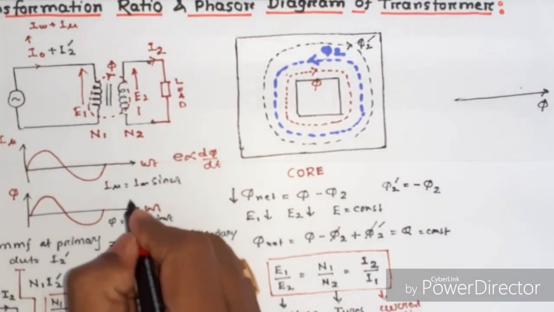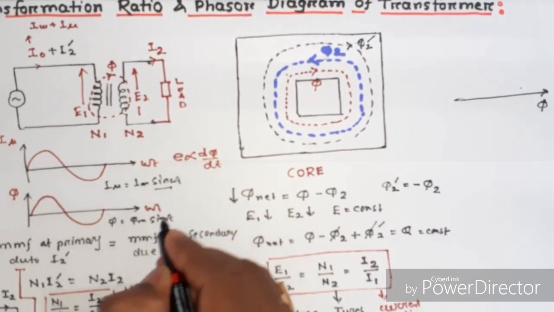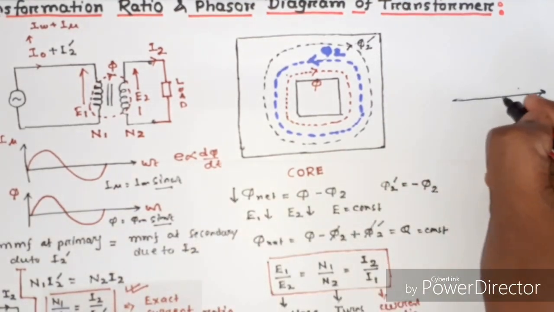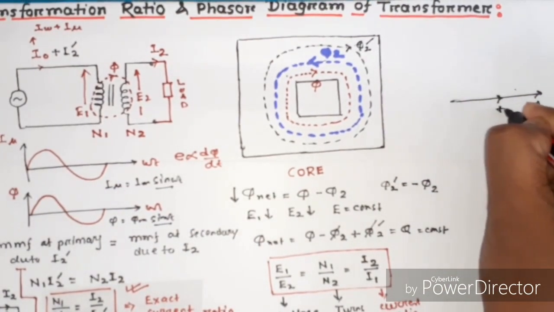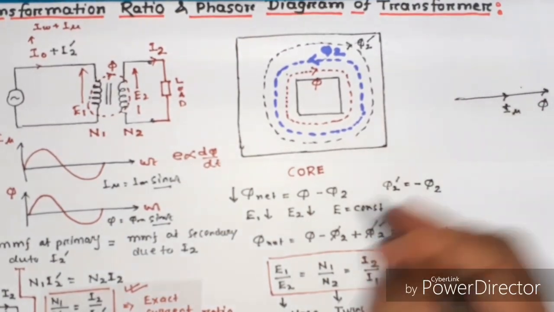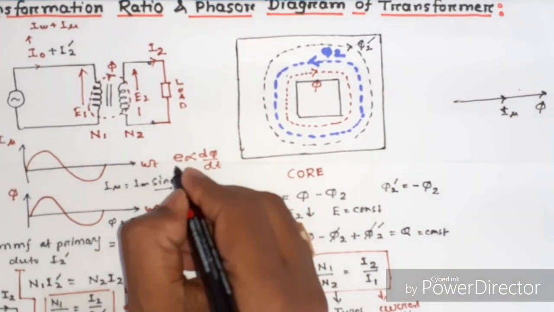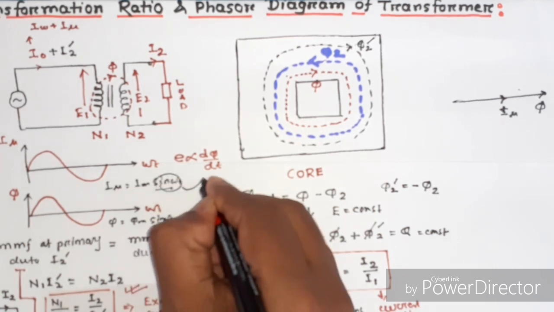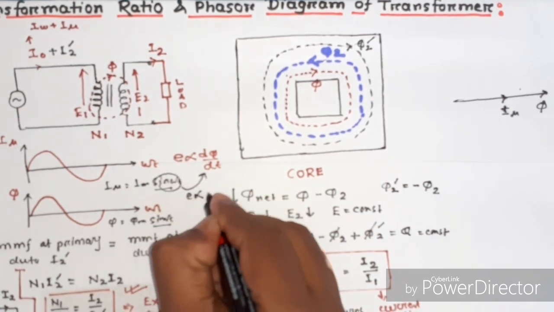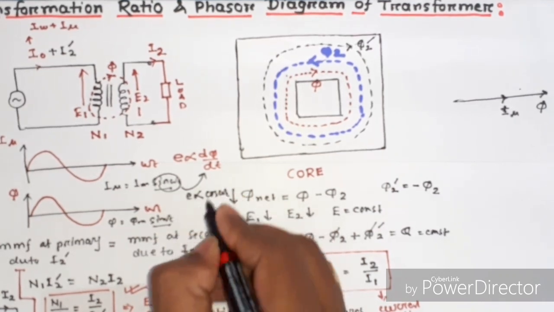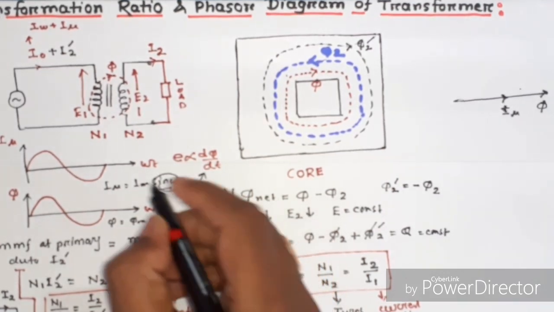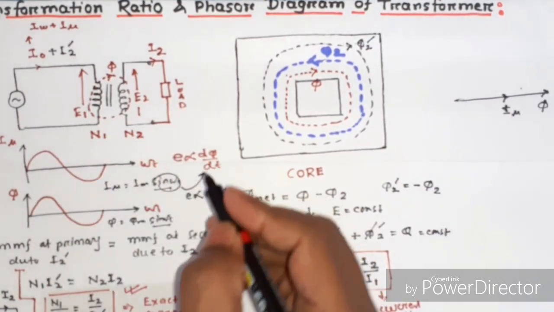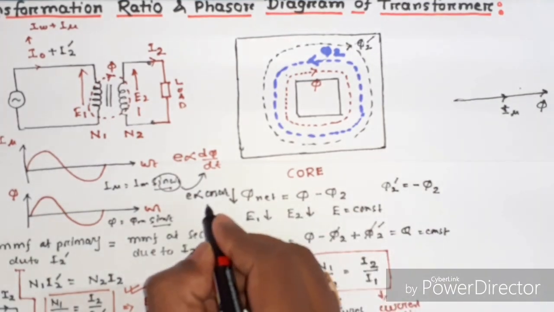Therefore the magnetizing current will be in the same phase as phi. Now E equal to d phi by dt. If we differentiate sin omega t, then E is proportional to cos omega t. That means the induced EMFs E1 and E2 lag phi by 90 degrees.